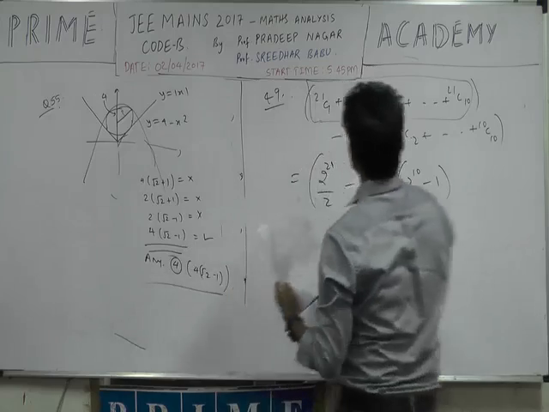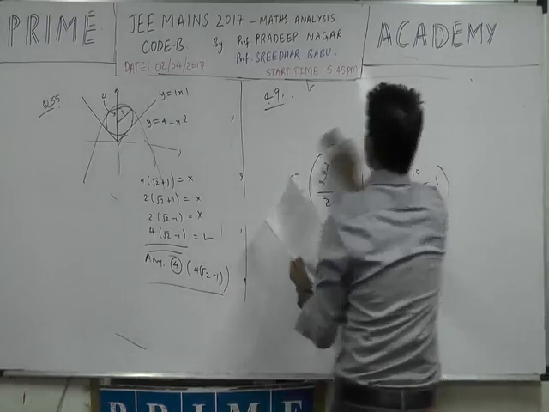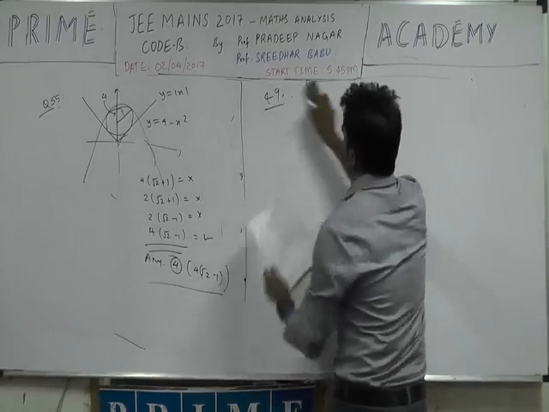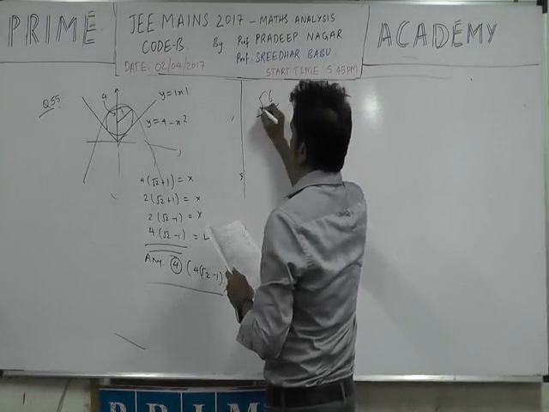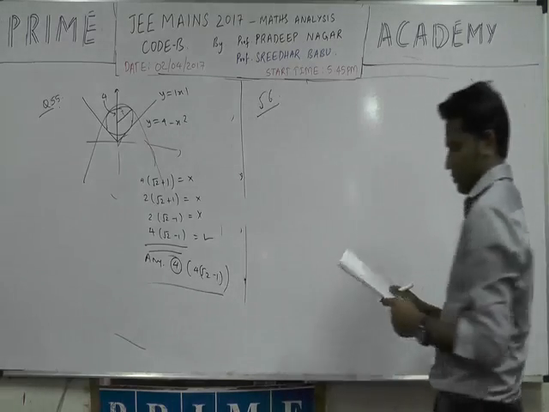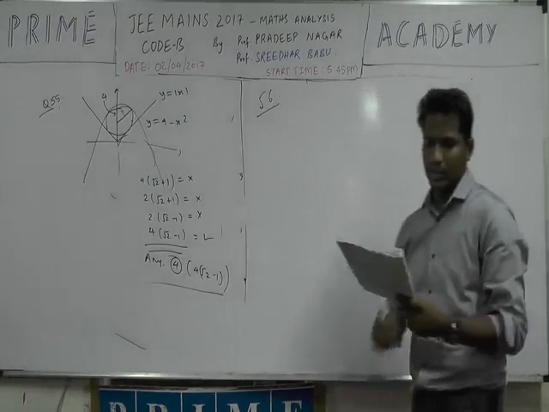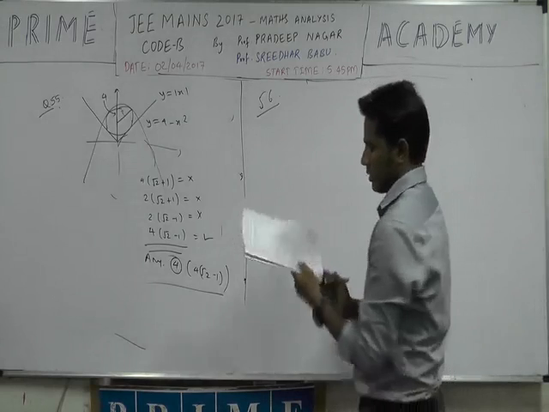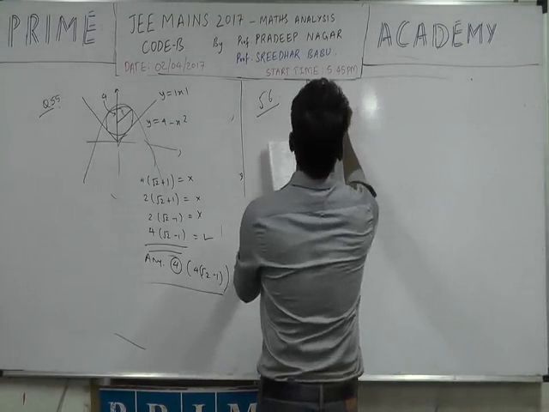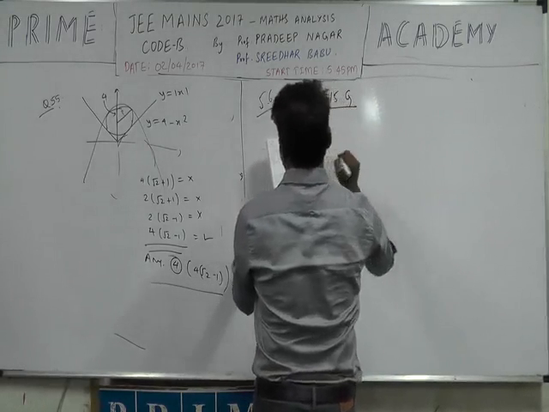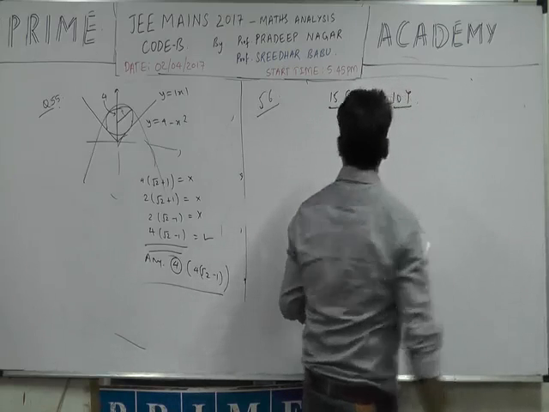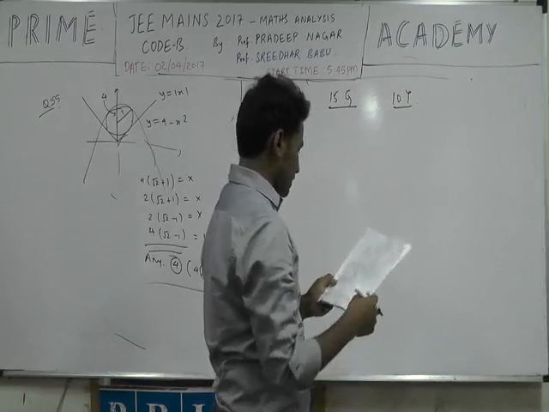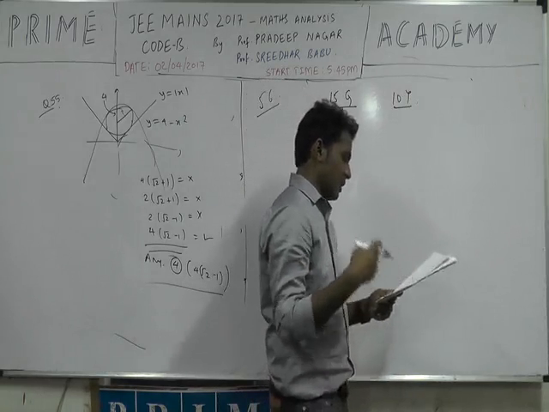Question 56. Okay, so this question is again straight out of the textbook. There are 15 green balls and there are 10 yellow balls. So we have to find the variance of the selection of green balls.